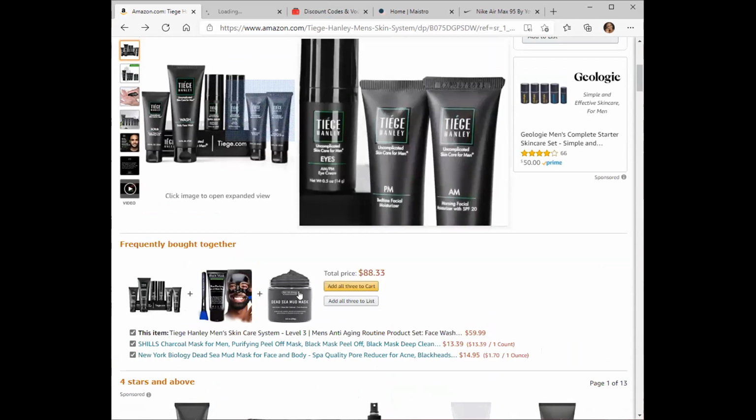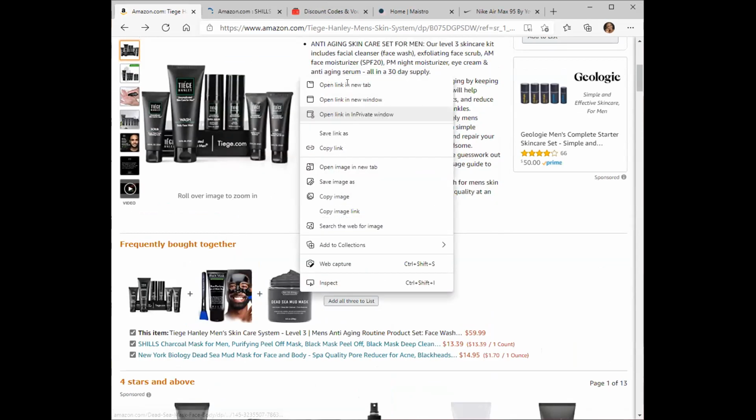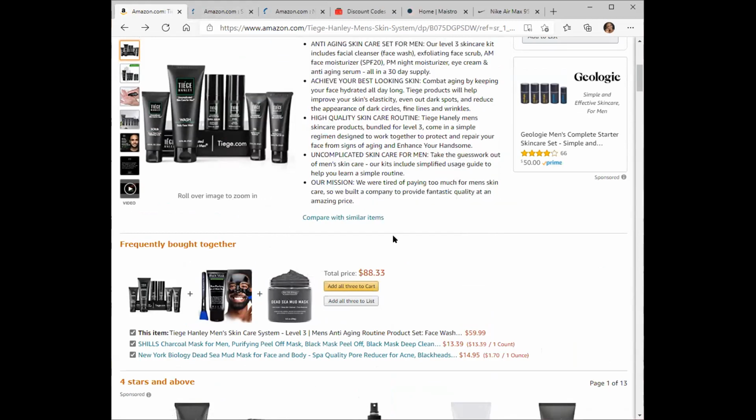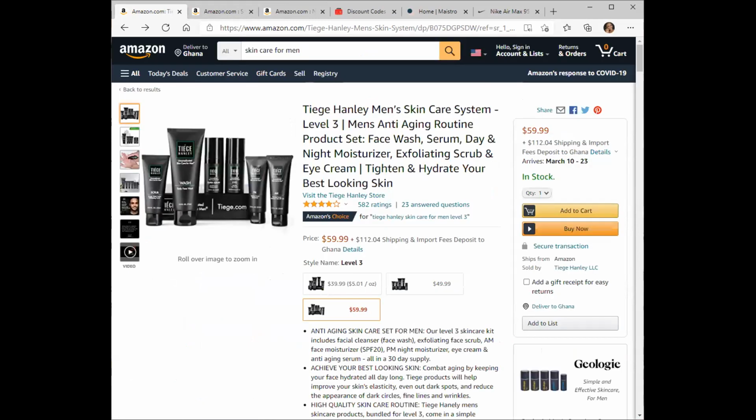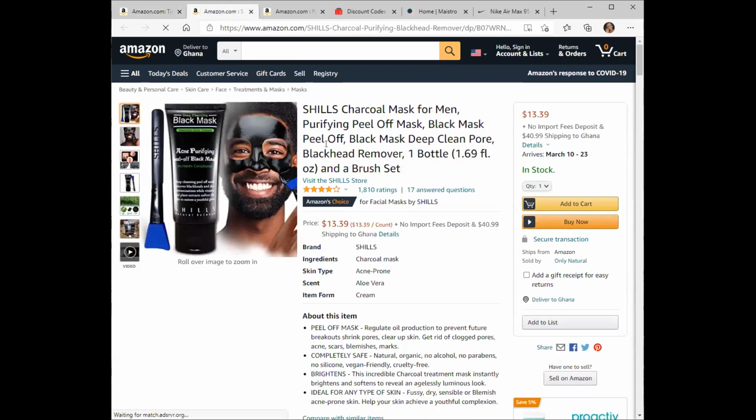So I'm going to open the individual pages for these individual items, and then we will add it up, and then you will see what I'm talking about. So currently this item we have here is $59.99. Let's say it's $60. And the black mask for the men is what? $13.39. Please, is someone doing the addition for us?